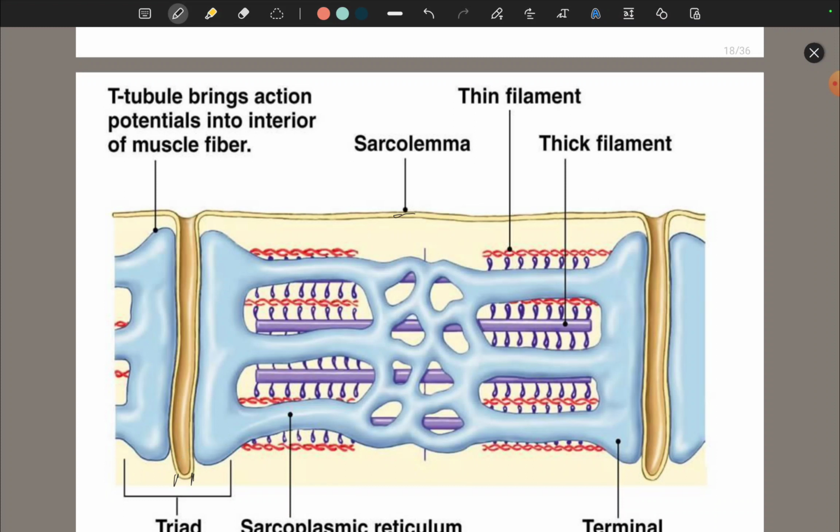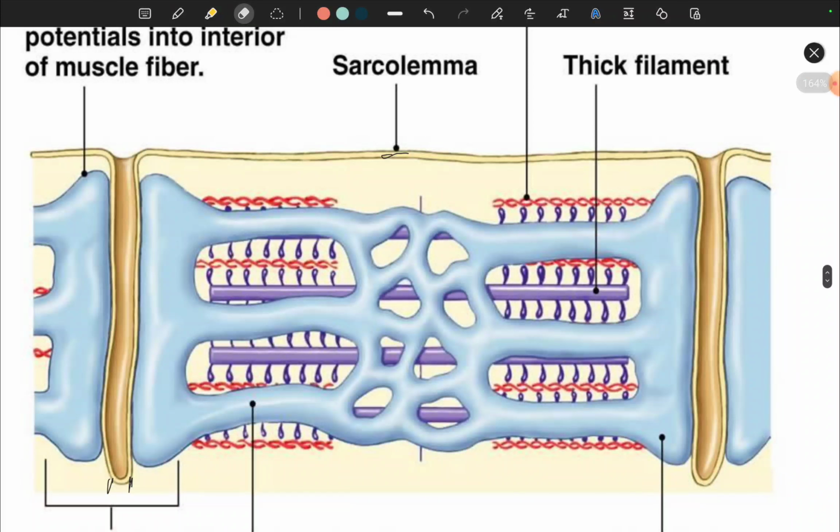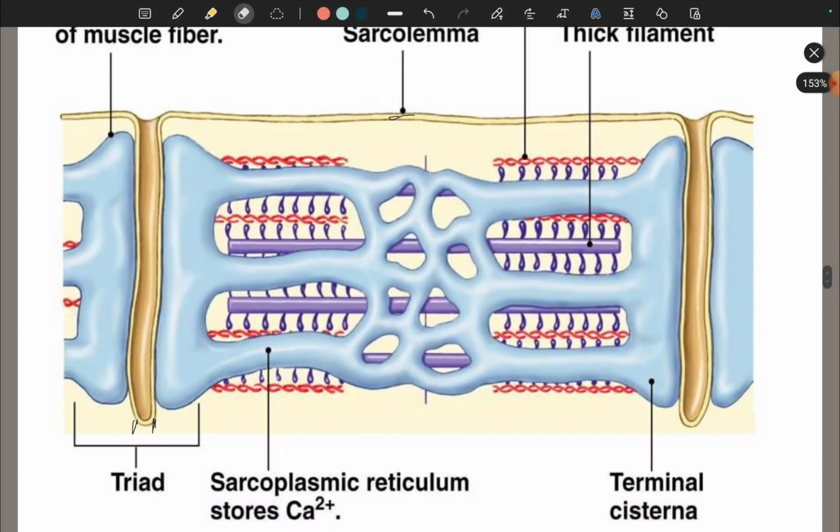Then on both sides of the T-tubule there is an expanded end of the sarcoplasmic reticulum. As you see, the sarcoplasmic reticulum is a network-like structure which covers each myofibril. The expanded portion of the sarcoplasmic reticulum is called terminal cisterna, or cisternae.